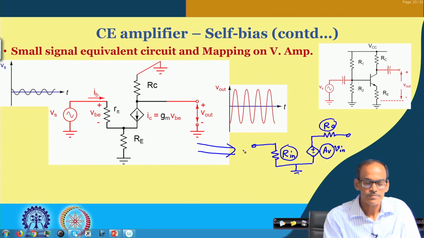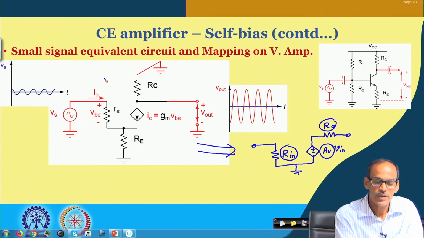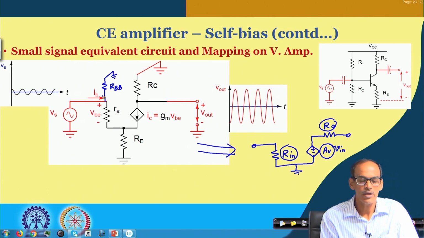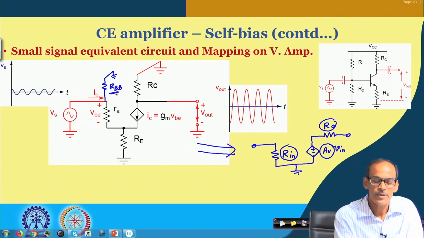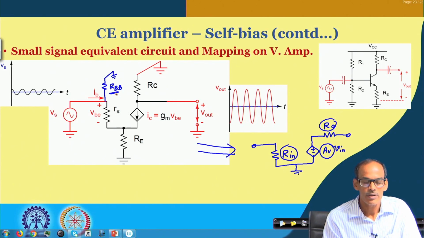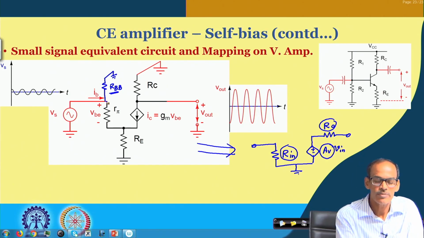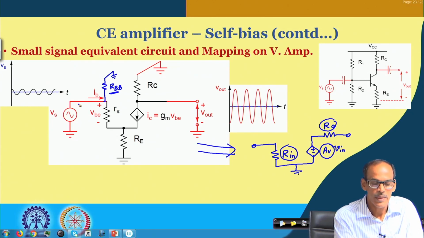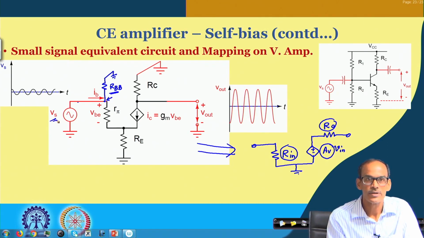By the way, we have ignored this part. If you want, you can keep that as well. Many times we do ignore it, but yes, for practical purposes we may consider this R_BB. Since at this node the voltage source is directly coming here and it is a short, the voltage at this point, of course, will be the same as V_s.